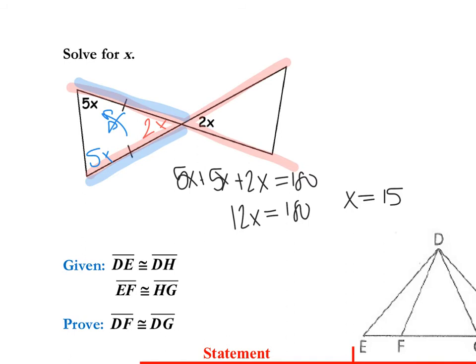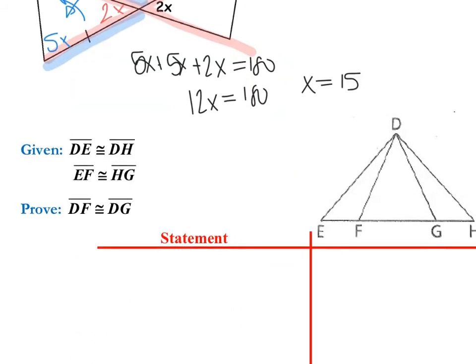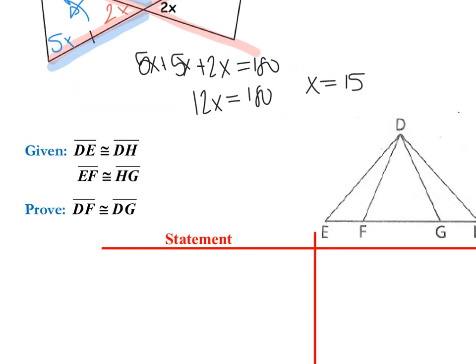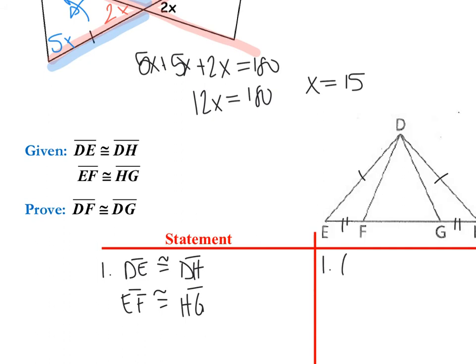Okay. All right, so let's apply those angle-side theorems to a fairly short proof. We know that DE is congruent to DH, and we know that EF is congruent to HG. Prove that DF is congruent to DG.